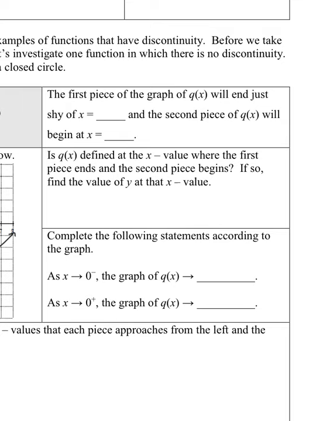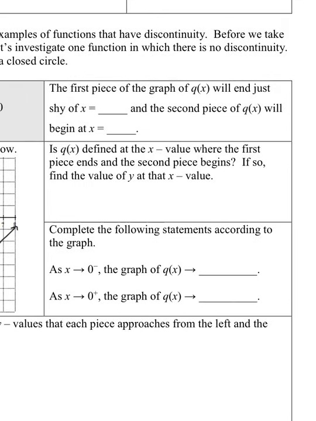When x was 0. And where did the absolute value function begin in the second equation? What is the restriction? X has to be what? Greater than or equal to 0. So the second piece of Q of x will begin at x is equal to 0. So it asks us, is Q of x defined at the x value where the first piece ends and the second piece begins?